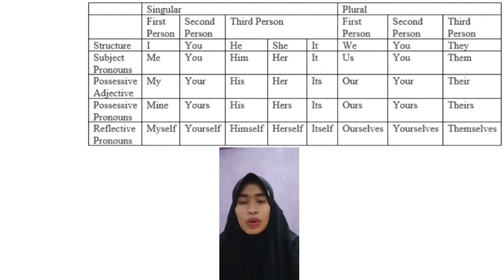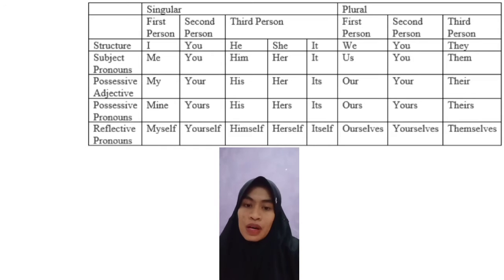In the first row, we have subject pronouns. In the second row, we have possessive adjective. We use words such as my, your, her, his, or other words according to their numbers and point of view, you can see in the table. Then we have possessive pronouns.